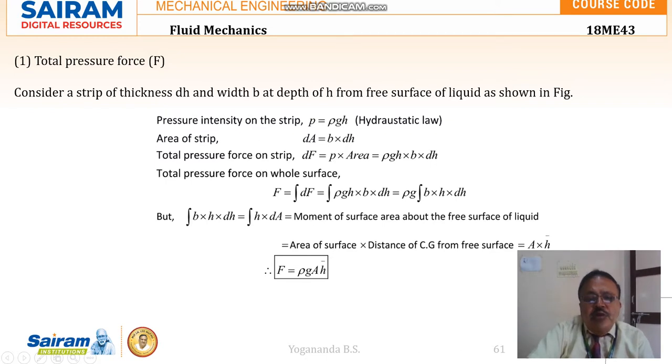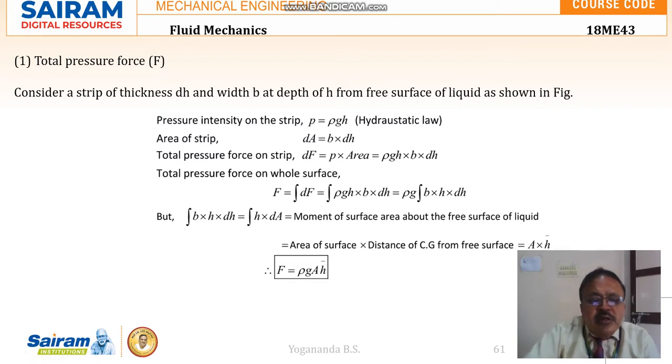Taking rho and G, which are constants, outside the integration, inside the integration I have H into B dH. So it is the integration of H into B dH, which is nothing but the moment of the surface, because it is the moment of the area about the free surface.